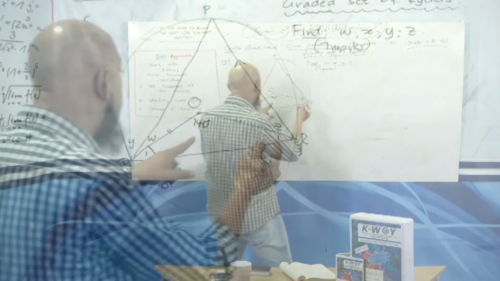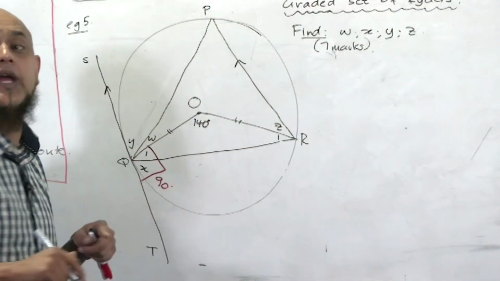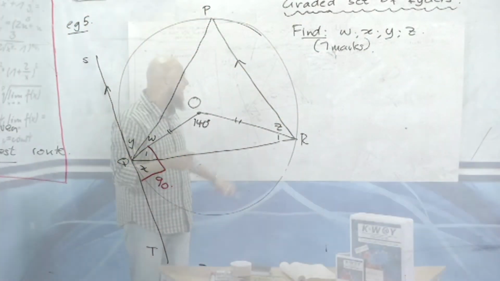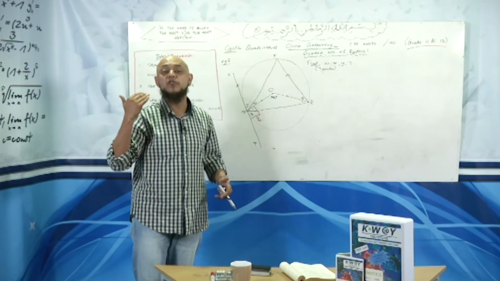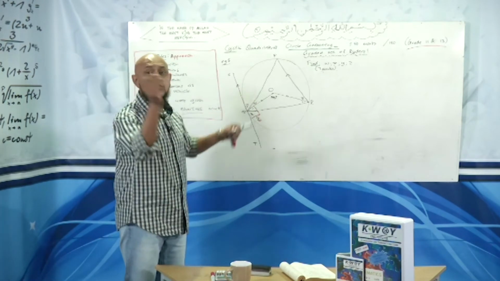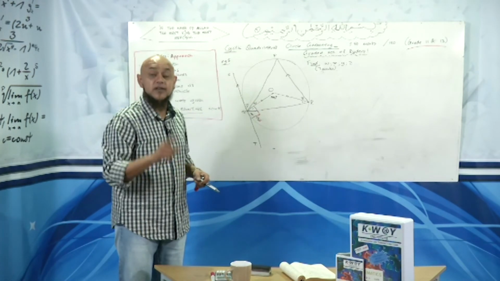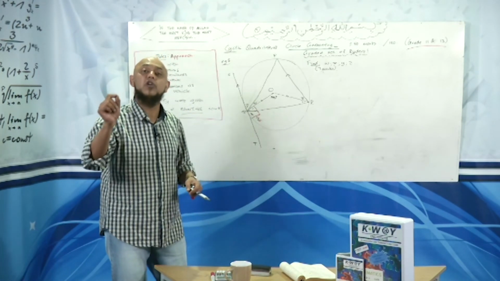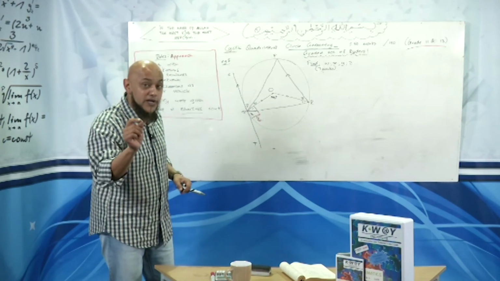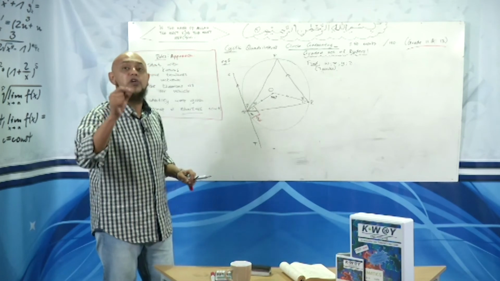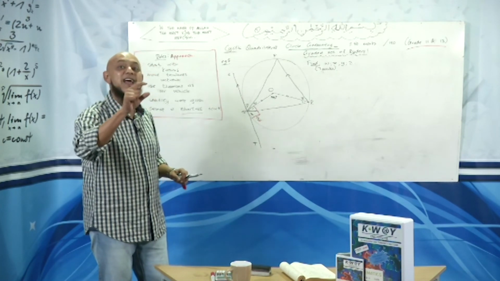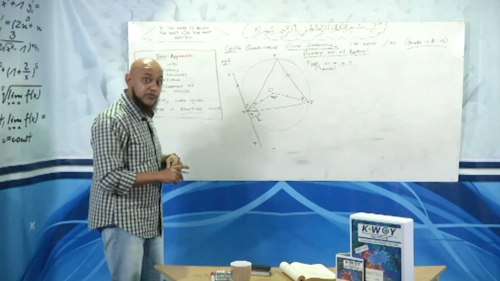So the first thing we're going to do is to prove this. In the exam, the first thing that comes to your mind is, yes, that's an isosceles triangle, so I'm going to write it as a reason. You'll get it wrong. You first have to prove it. Listen to what I'm telling you guys. You need to first prove it to be isosceles before you can then utilize isosceles as a statement in your justification.